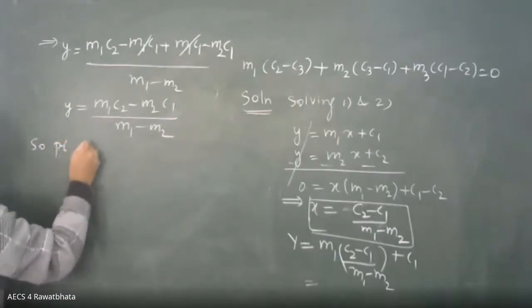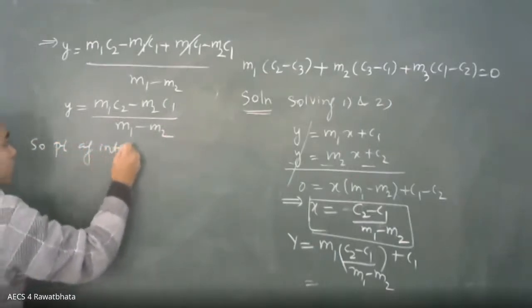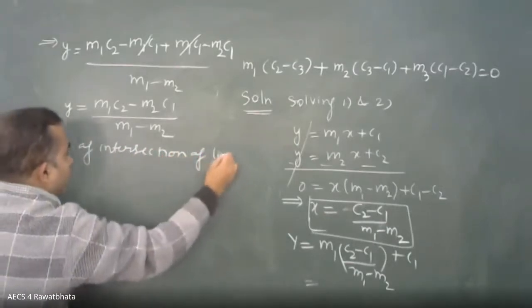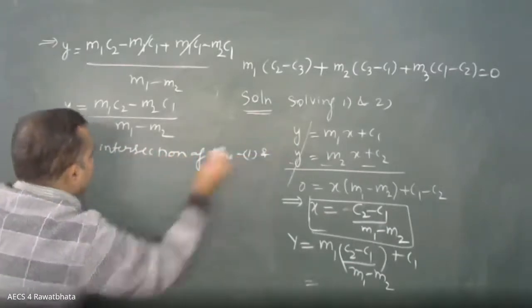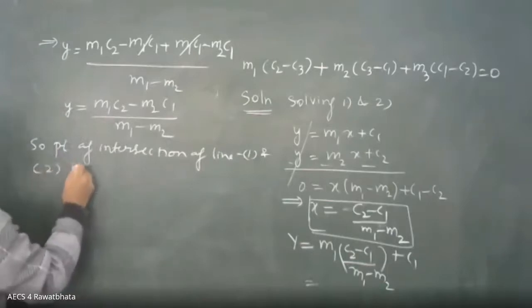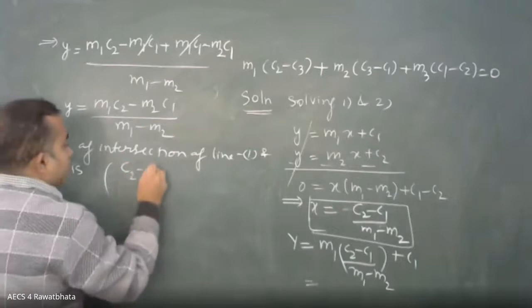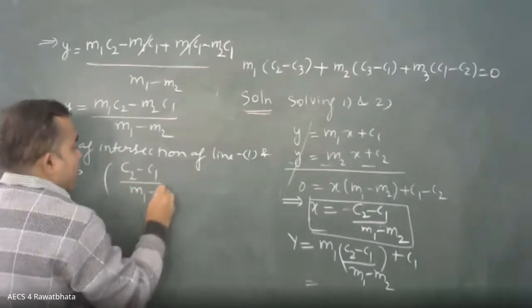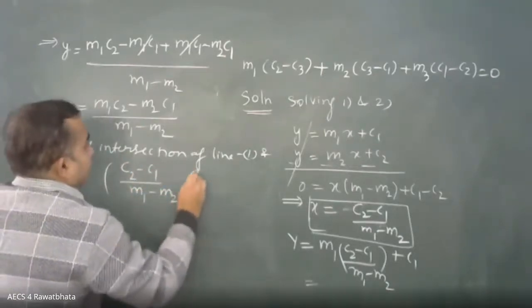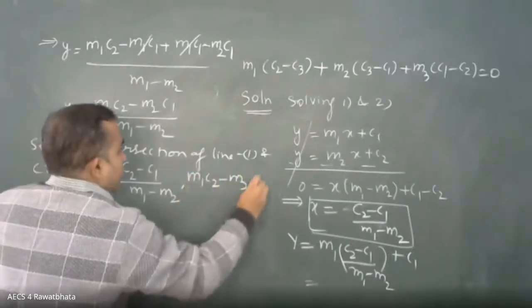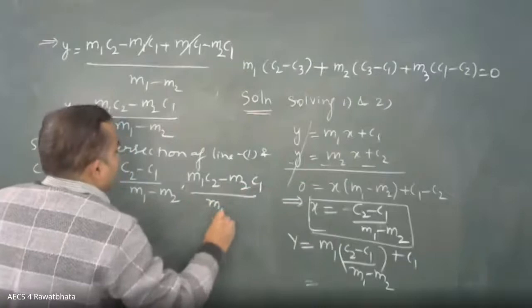So point of intersection of line 1 and 2 is c2 minus c1 upon m1 minus m2, comma, m1c2 minus m2c1 upon m1 minus m2.